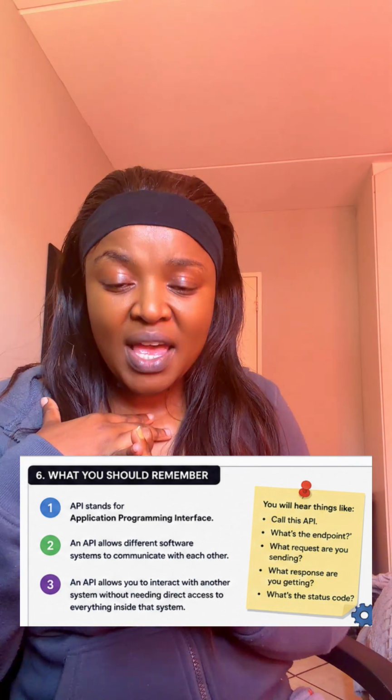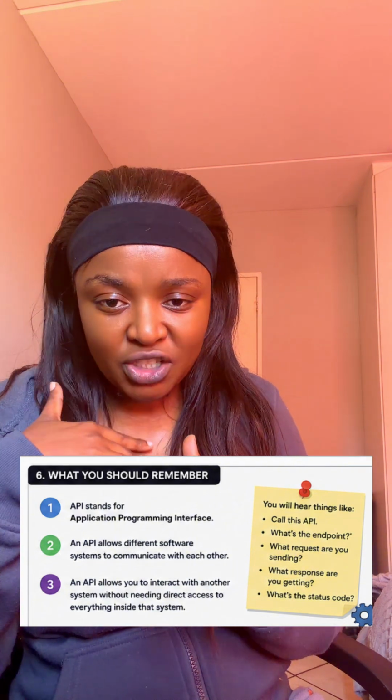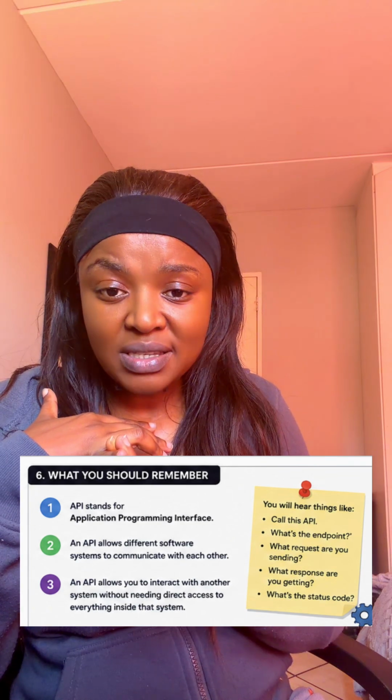Number two, APIs are just a way of two systems communicating with each other. And number three, an API allows you to interact with one system without necessarily needing direct access to everything that is happening inside that system that you're getting information from.